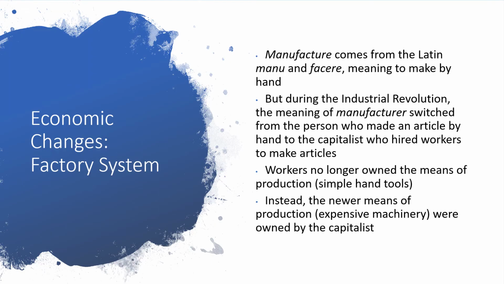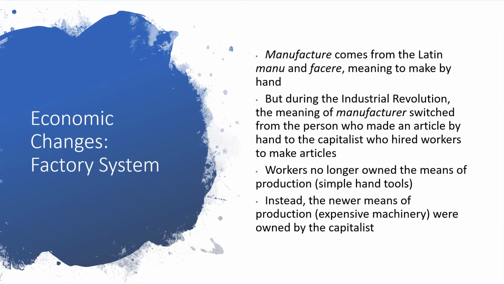With the factory system, the term manufacture is actually from Latin, manu and factore, which essentially means by hand. But during the Industrial Revolution, the meaning of manufacture switched from the person who made the article by hand to the capitalist who hired the workers to make these items.